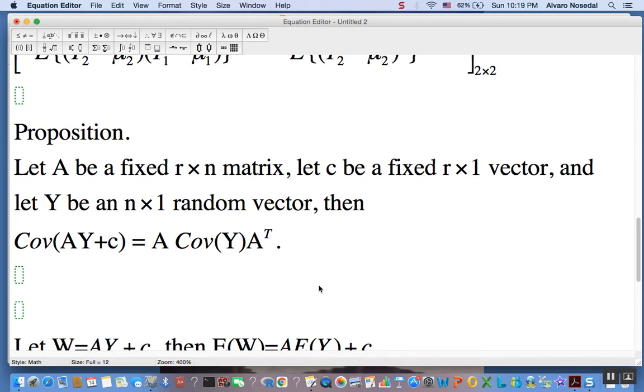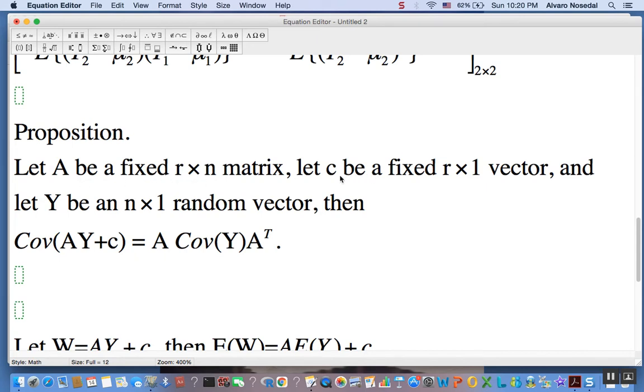Here's the result I would like to use, and we're going to show that result in a particular but general way. The only restriction is the dimension of the matrices that I'm going to be using, but the same rationale can be applied and the conclusion holds. The proposition is given in general terms, so we have just a matrix A of constants. It is not random. Its dimension is r by n.